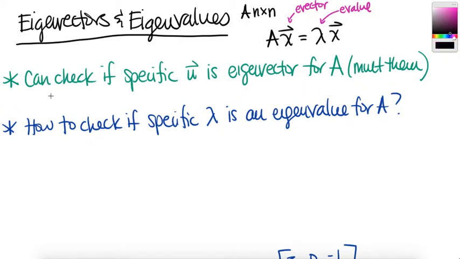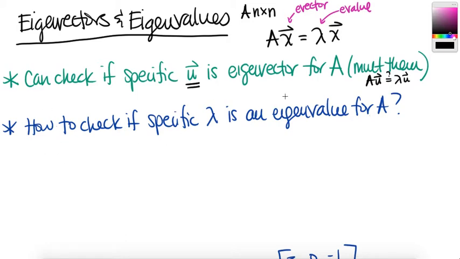All right, so we saw in the last video you can check if a specific vector is an eigenvector by just multiplying them together. Just literally do A times u, and see if that's some scalar times u. But how do we check if lambda is an eigenvalue for A?